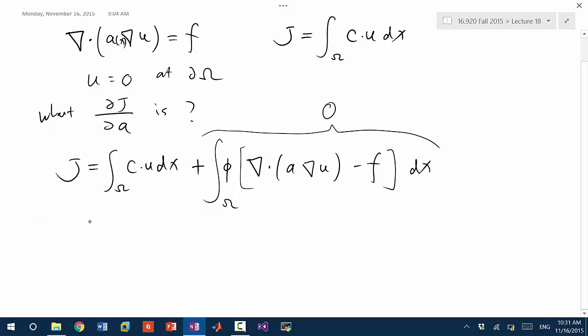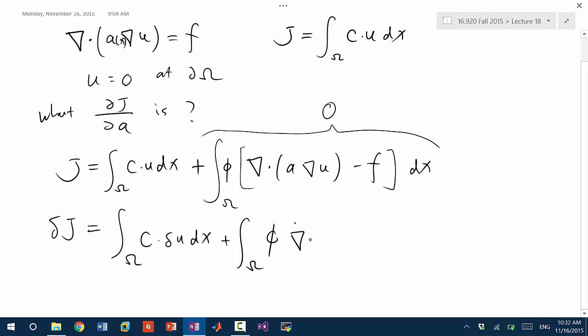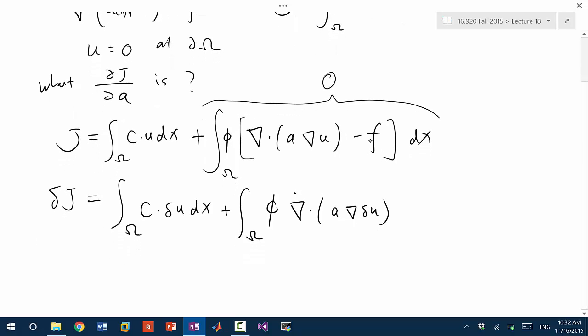So here, what I can do is find the phi that removes the term delta U from this equation of delta J. So delta J is equal to the integration of C times delta U dx plus the integration of phi times the divergence of A gradient of delta U, and the phi times F term is fixed, that has nothing to do with the change in the objective function.